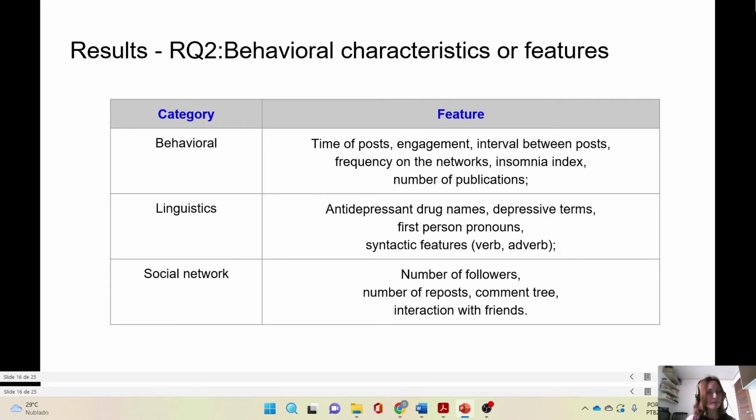Regarding linguistics, we have observed the use of antidepressant drug names, depressive terms, first-person pronouns, syntactic features such as verb and adverb, and also we have identified social network features such as number of followers, number of reposts, comment tree, interaction with friends.